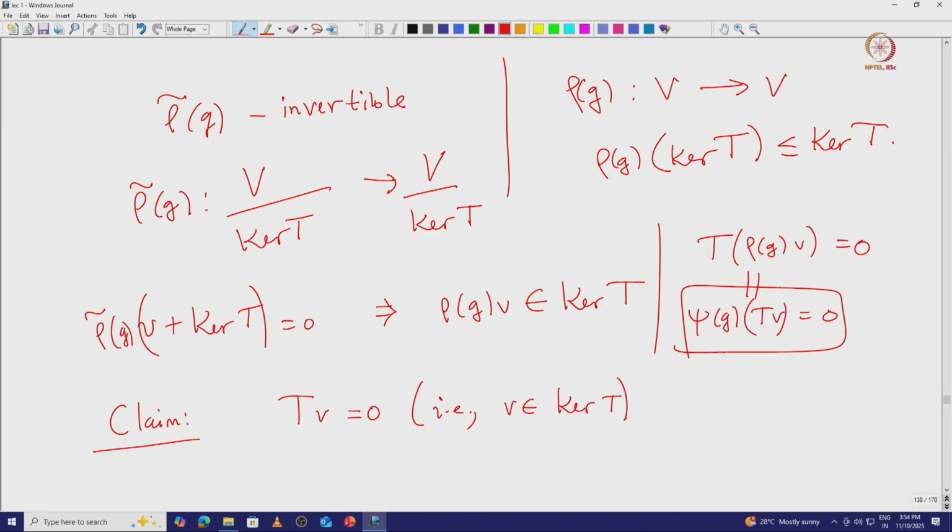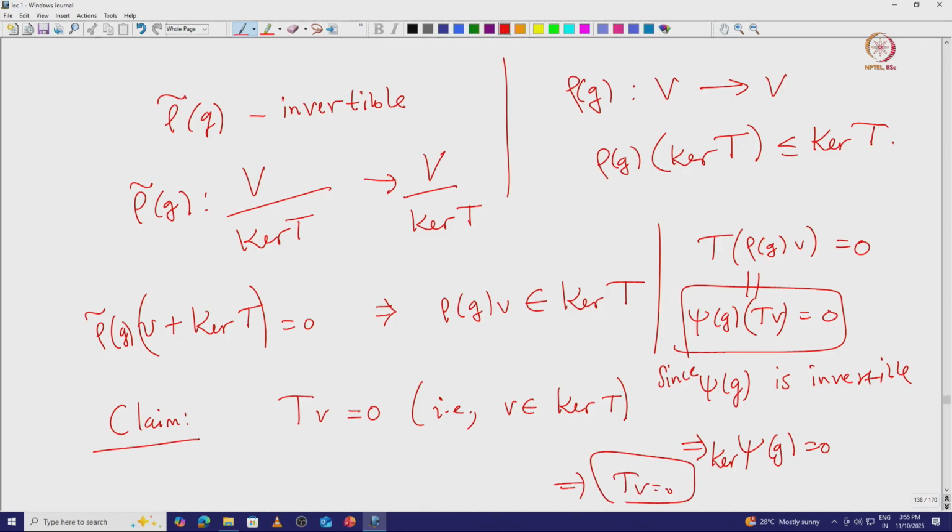T rho G V is same as xi G T V, but since xi G is invertible, that would imply that the kernel of xi G is 0, and that would imply that T V is 0. So, this is what we required actually.